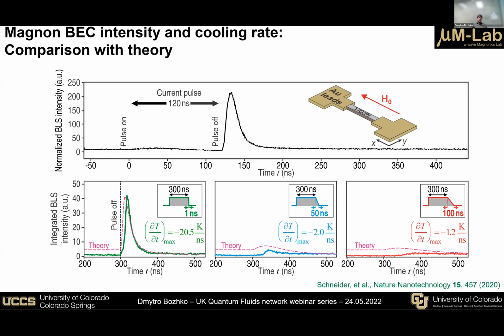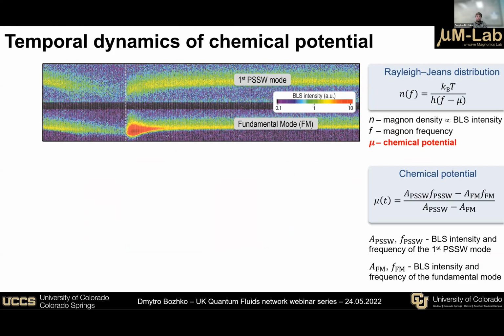So we did a comparison with our theory, and we see that essentially it works, although there is some discrepancy. But again, we have not taken into account many properties of this system, like Cherenkov processes. Later on, we figured out that we can calculate the chemical potential out of our experiments.